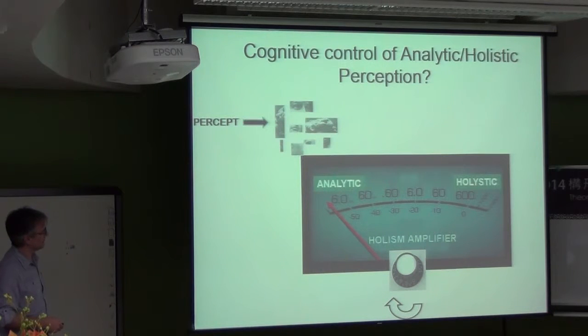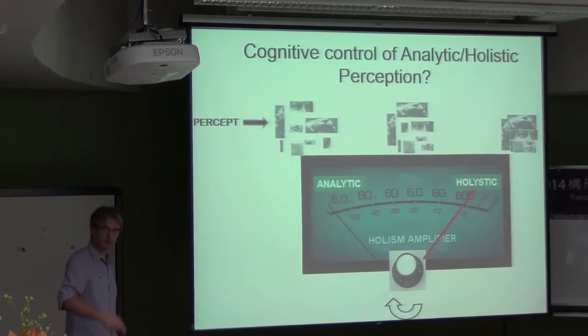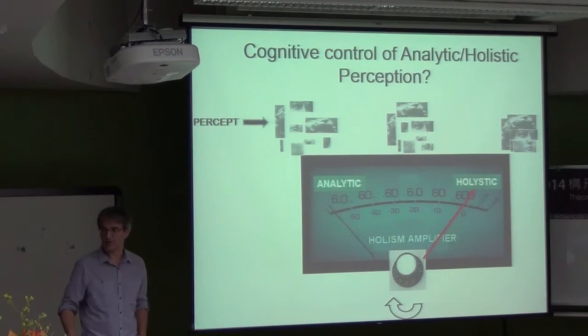What can happen is you can put yourself in analytic mode and start to pay attention to facial features. But with a little bit of effort, you can increase the amount of holism and start to see glued features, occasionally to the level where you can see entire faces. So I would say there is some mechanism that regulates this behavior, so we can pay attention to features, or switch to whole faces if needed.